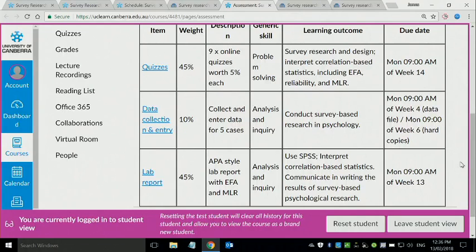The quizzes all close at the end of semester. So they close on the Monday of week 14, week 13 being the last week. So it's up to you how you want to tackle them. Some people will follow the lectures weekly, and I would suggest not doing the quiz until you've at least heard the lecture and probably done a little bit of reading.